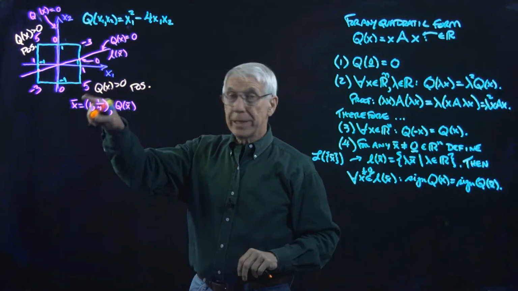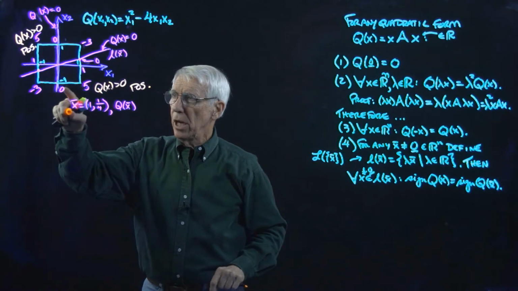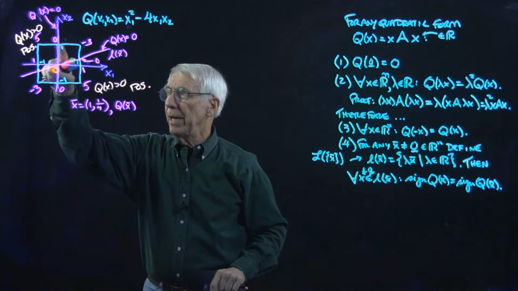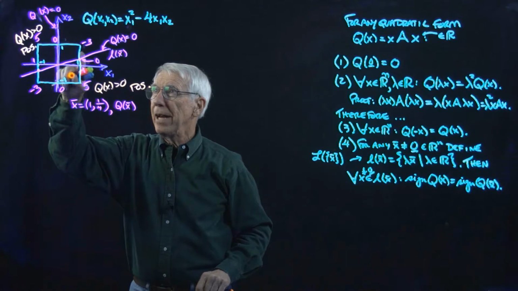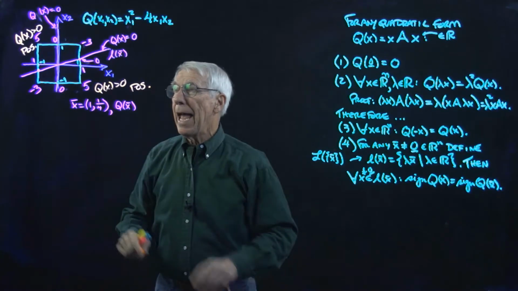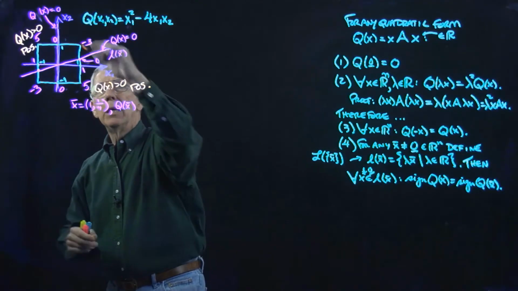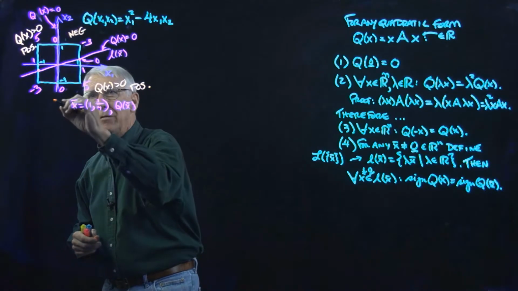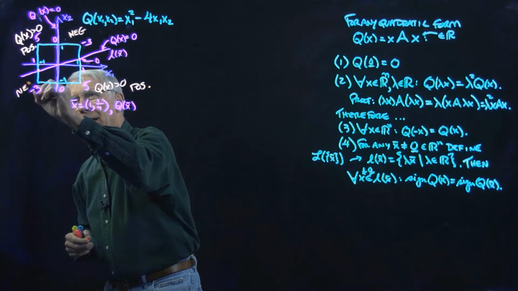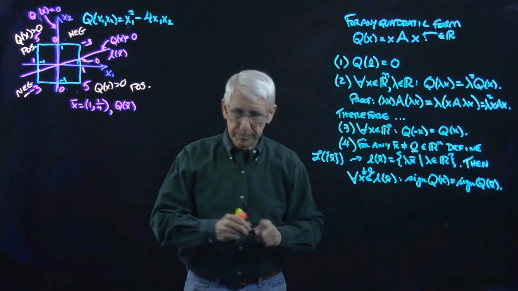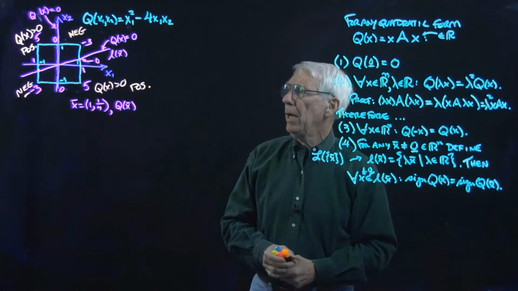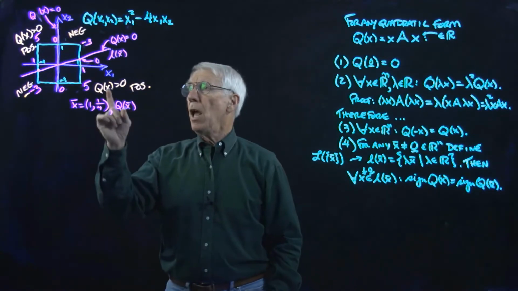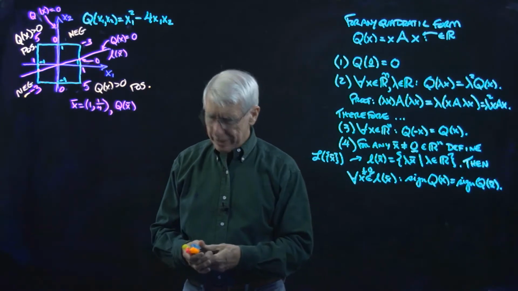You can check everything I've said here by looking at other values along here, or even develop a little proof that at every value in here, Q is strictly positive, every value in here, and of course all multiples. I'll just write negative. Q is negative, and everything down here, Q is negative. And so I guess one question we might have is, what does this quadratic form's graph actually look like?